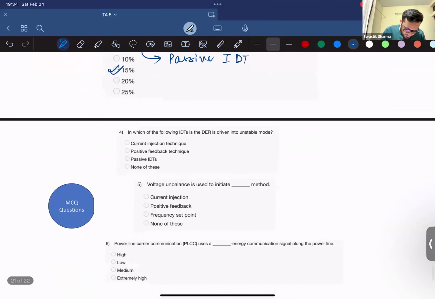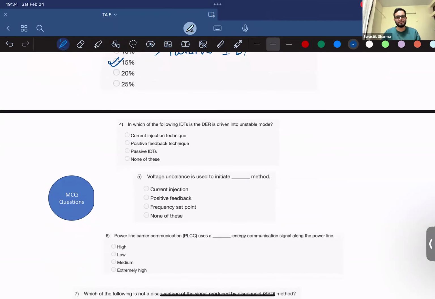Next, in which of the following IDTs is the DR driven to an unstable mode? So we discussed in active techniques, we discussed two techniques, right? One was signal based IDT, and the other was positive feedback based IDT.